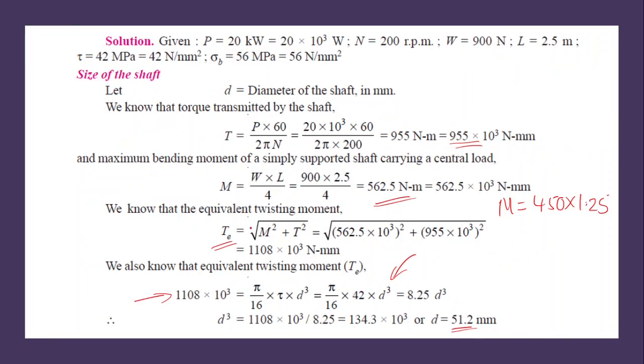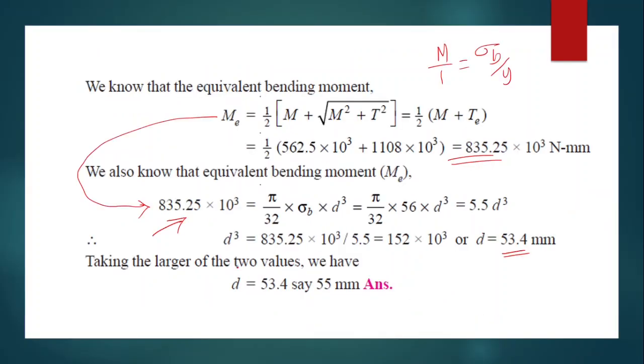And while we consider the equivalent twisting moment, we get the value of D as 51.2. Then we can select the larger of the two values, that is 53.4, so D is equal to 53.4, or we can take it as 55 mm.